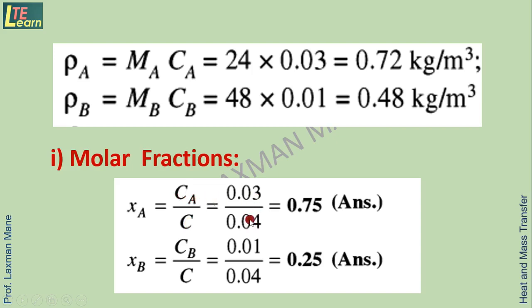By doing this, we find the molar fraction. The same method we apply for the gas B component, Cb upon C. We find this. So we got the molar fractions. Now we see the total molar fraction is 1. So XA plus XB, 0.75 plus 0.25, if you do that, comes to 1.